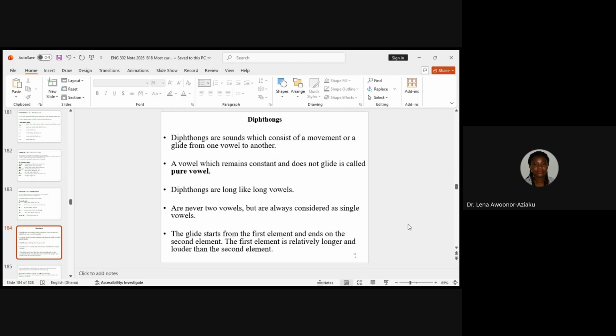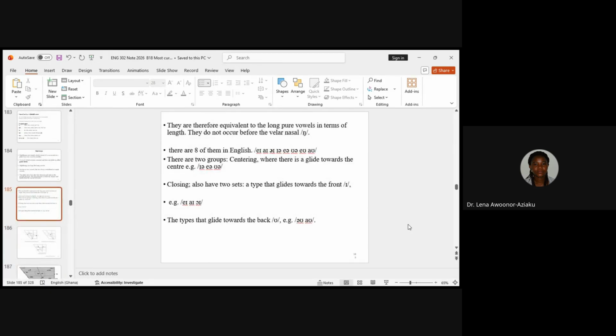It glides, and its pronunciation starts from one vowel quality and ends on the second vowel quality. So they are equivalent to long vowels. We saw 12 monophthongs plus 8 diphthongs, making 20 vowels.